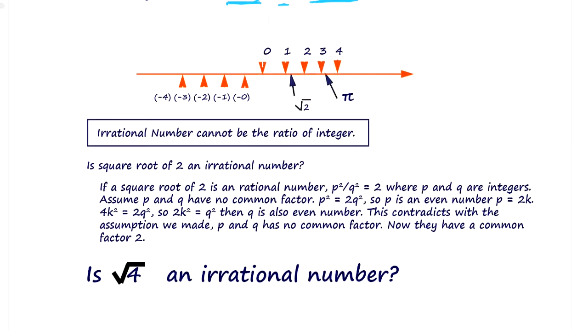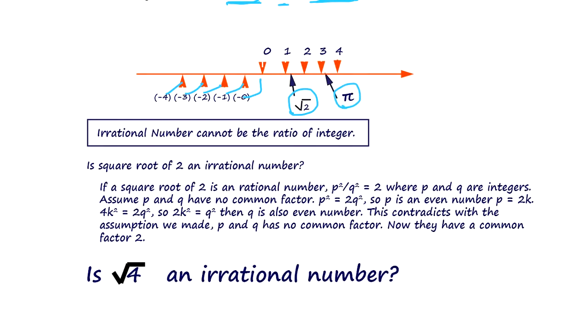Okay, so on the number line, we had rational numbers filling up the number line, right? Now we have irrational numbers filling in the line.